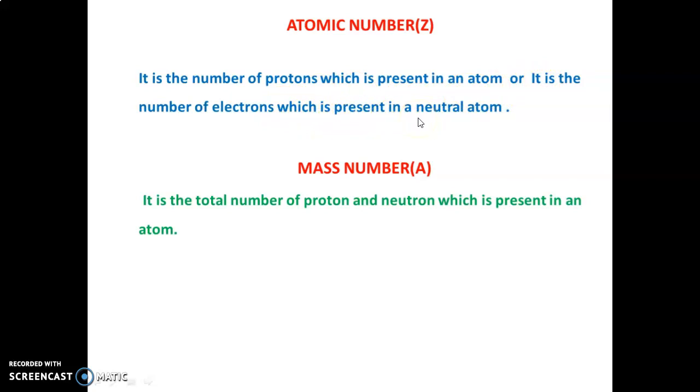Or it is the number of electrons present in a neutral atom. When we express atomic number in terms of electrons, you just mention neutral atom.